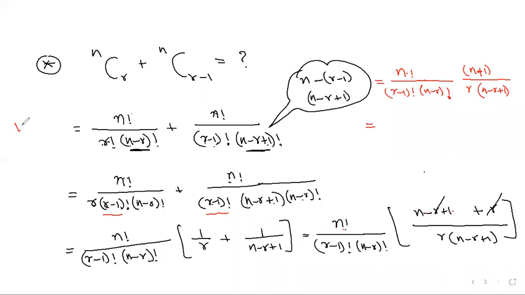What is 10 factorial multiplied with its next number? 10 factorial multiplied with 11 is 11 factorial.